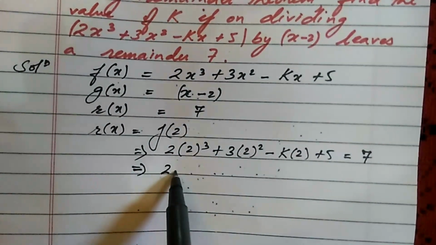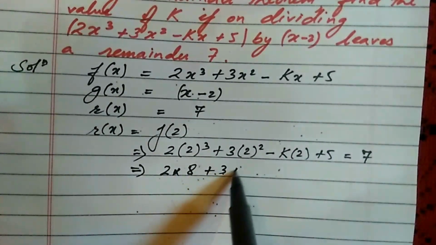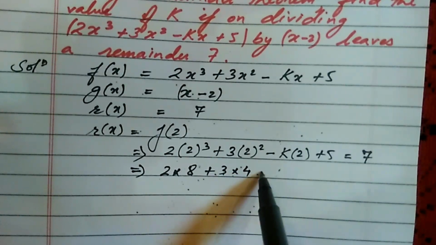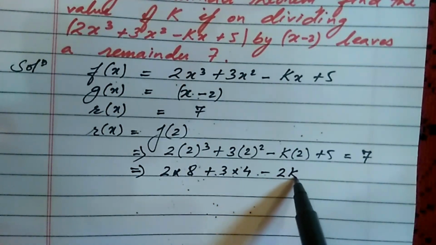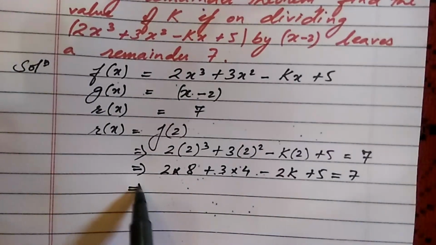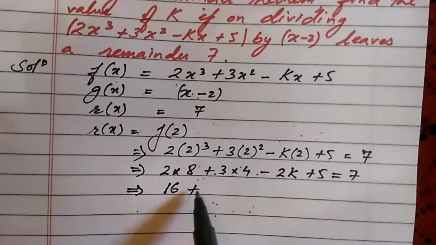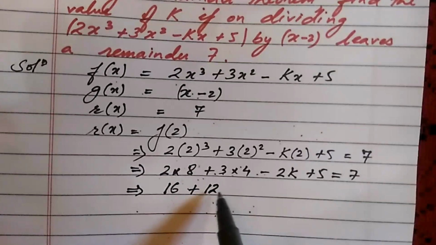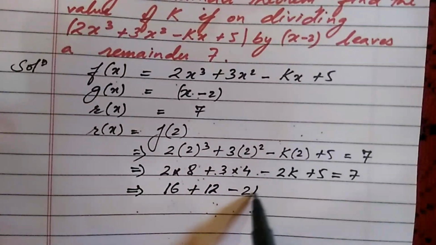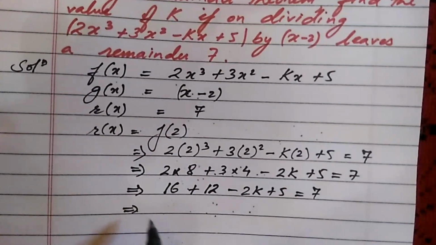So 2 into 2 cubed is 8, plus 3 into 2 squared is 4, minus 2 into k is 2k, plus 5 is equal to 7. 2 into 8 is 16. 4 into 3 is 12, minus 2k plus 5 is equal to 7.